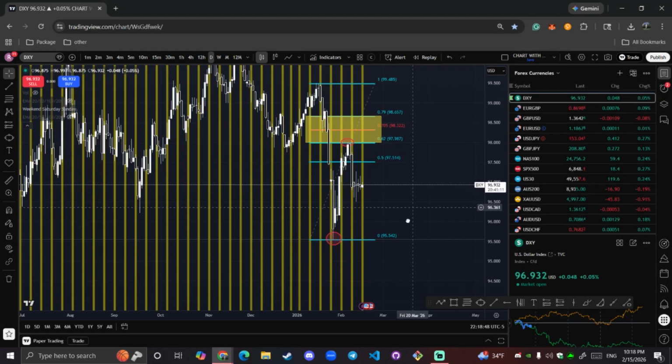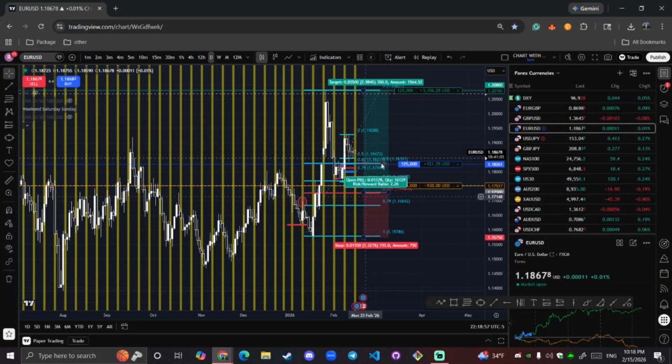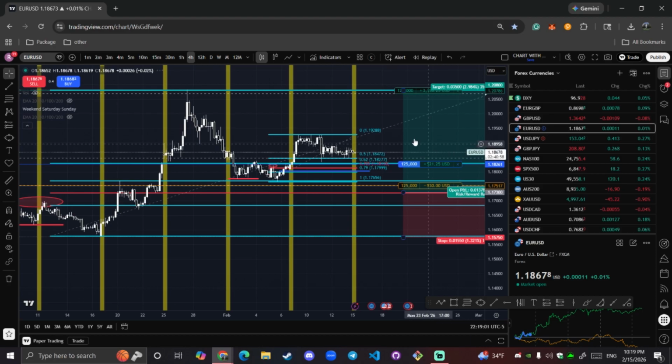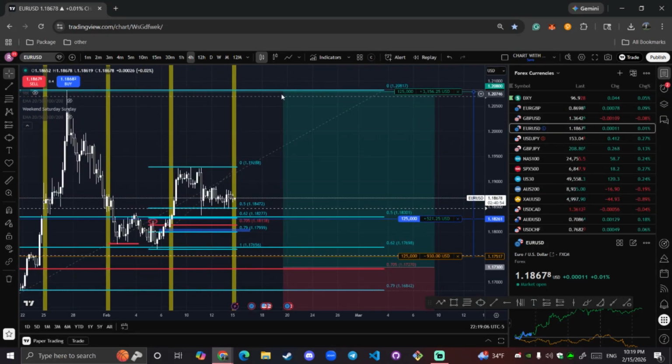But I'm aiming for that low. It already bounced off the 618, and it's in an imbalance right here. So I believe this is bearish. And if this is bearish, Euro USD is going to be bullish, and GU is going to be bullish. So that's why I took the trade, and I could almost take my money now, but I'm going to hold it for TP up here.